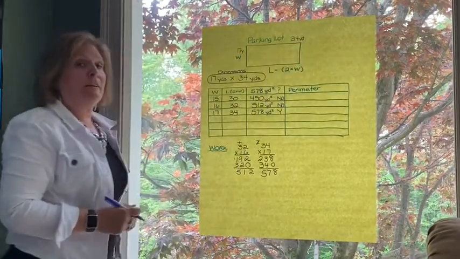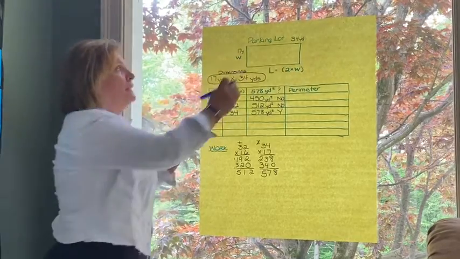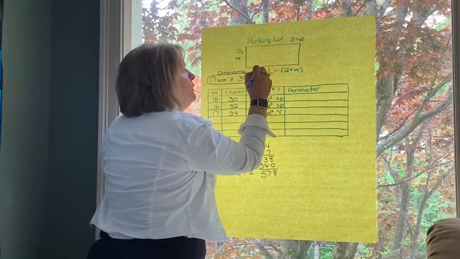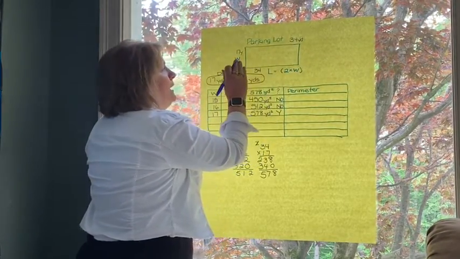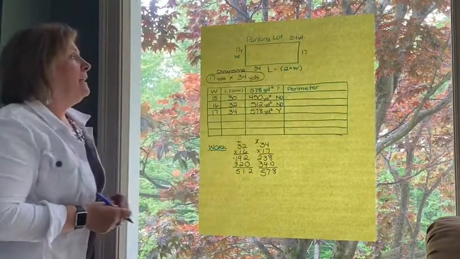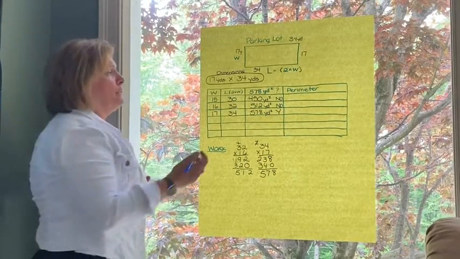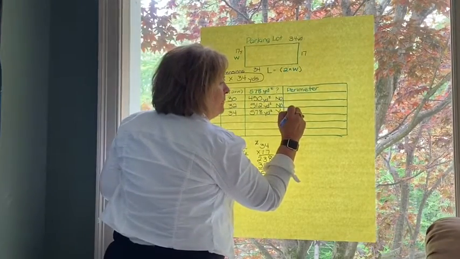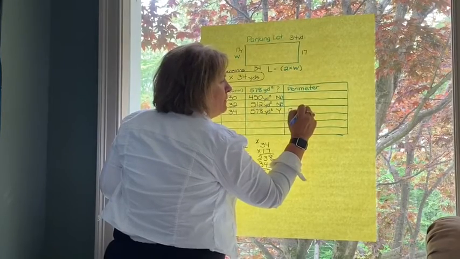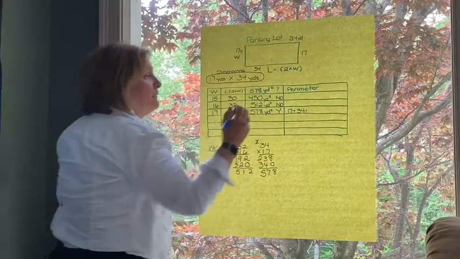Now, because we know the properties of a rectangle, we know that the opposite side is also 34, and the opposite side of this is also 17. So for perimeter, we add up all the sides. What I would do at this point is say 17 plus 34 is 51.